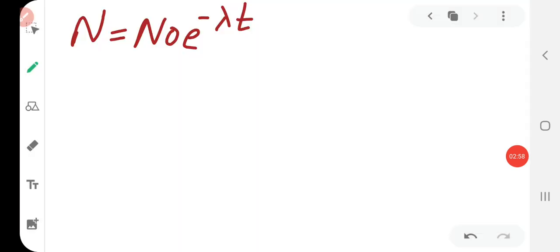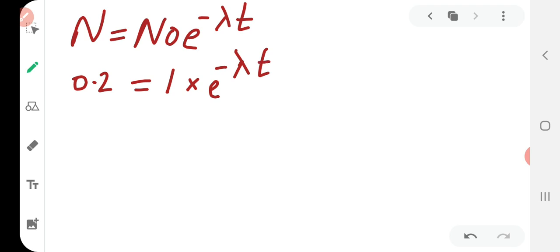So substituting we get N is equal to, N is the number of atoms present at t. So the present mass of the sample is 0.2, that will be equal to the initial mass of the sample, 1 gram, into e raised to minus lambda t.